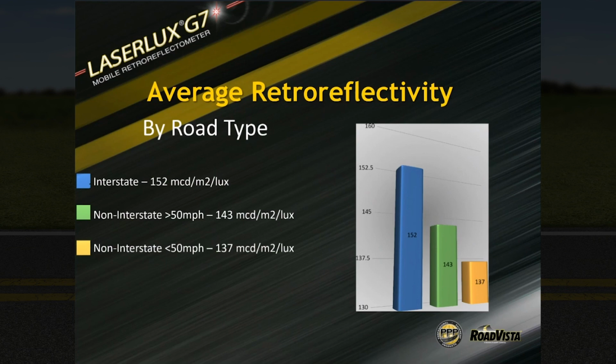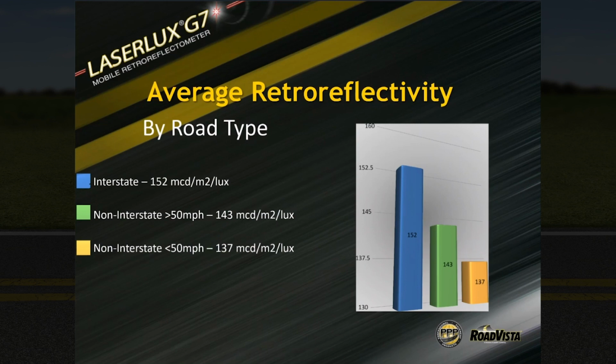Now, one thing I didn't like about this is these are fairly low numbers. I'd like to see these numbers higher. But what I was impressed with was the faster the speed, the higher the retroreflectivity in most cases. We did a little bit more breakout, I'll show you in a moment, that concerns me about the interstate retroreflectivity.